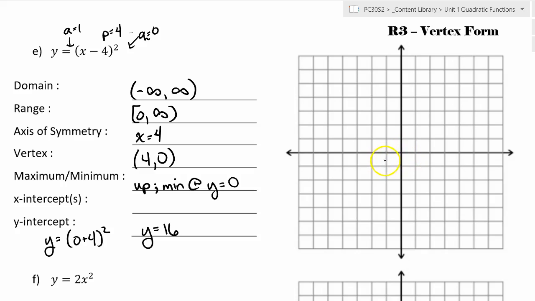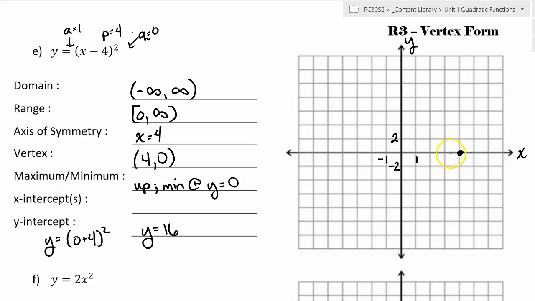So I'm going to use the same scale, -1 and 1 for x, and increasing by 2 on my y. This time I'm going to put the vertex at 4 here. But from here, the shape is still the same. I have not stretched or compressed it. A is still 1.